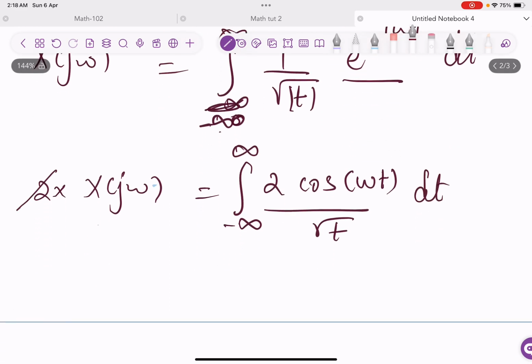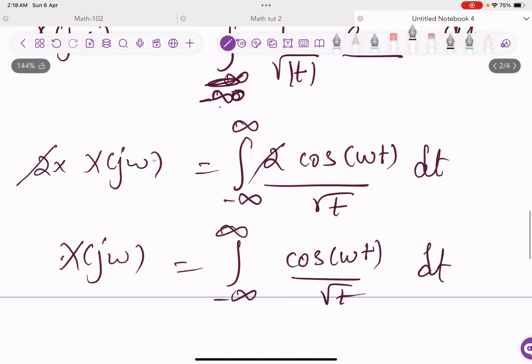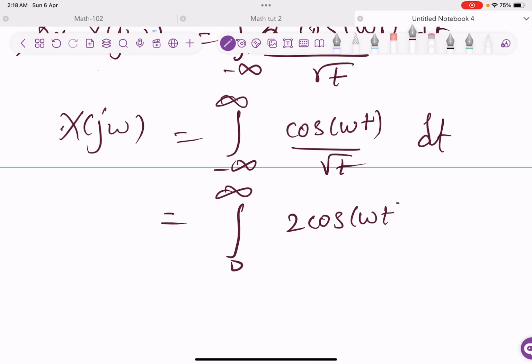We'll just replace this with this. You'll get X of j omega to be the integral from minus infinity to infinity of cos of omega t by root mod t dt. Now, this is basically the integral from 0 to infinity of 2 cos omega t by root t, because you're taking t to be greater than 0 here.